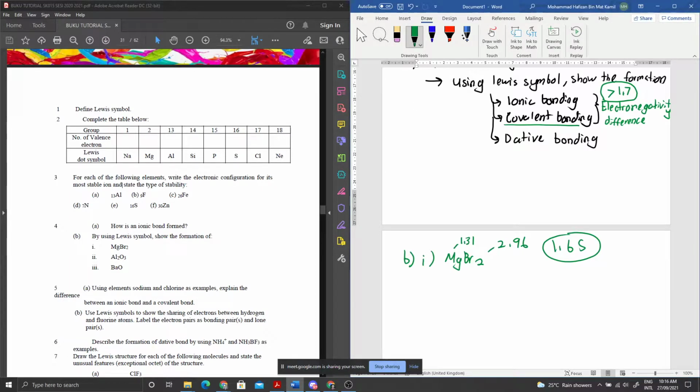Sometimes in the actual world, the line between whether it is ionic or covalent can be blurred, so you don't actually know whether it's ionic or covalent.